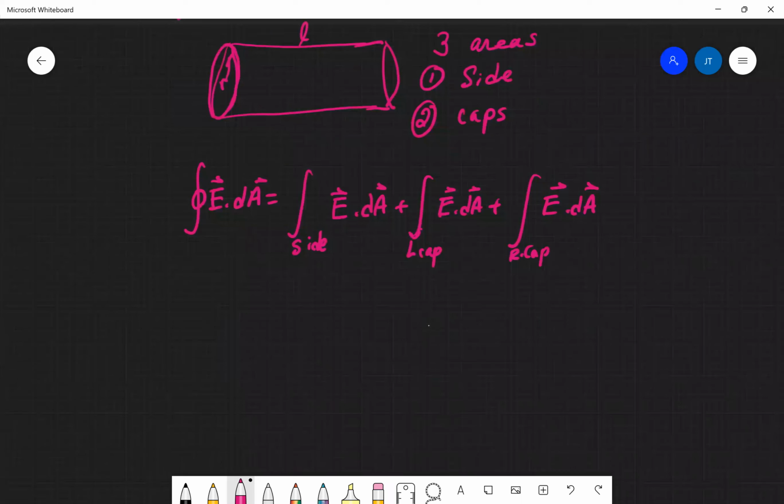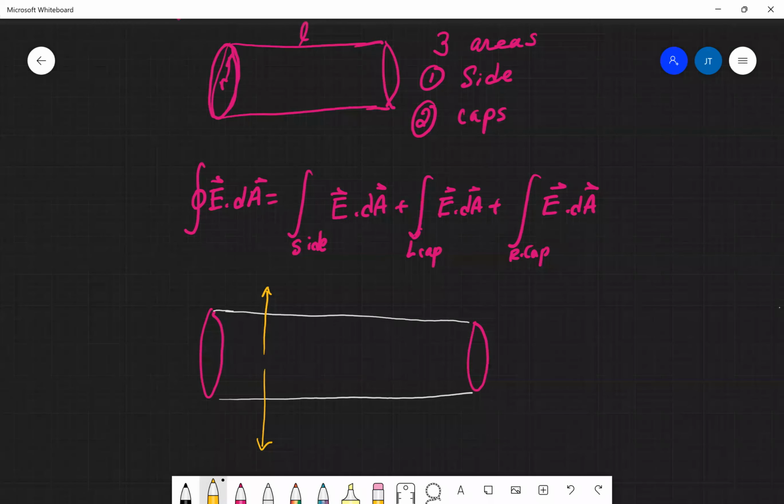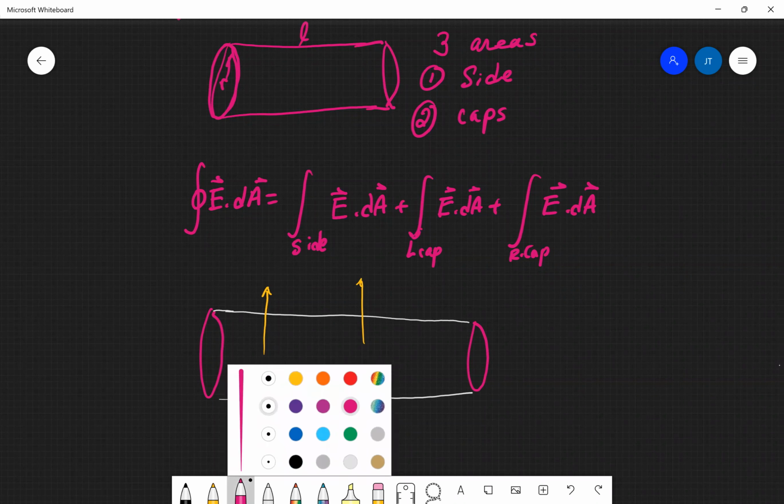Now let's look at the first cap, the second cap, and then the surface, which we'll now draw in a different color. And this is the electric field. Okay. Now the area vector, remember area is a vector.